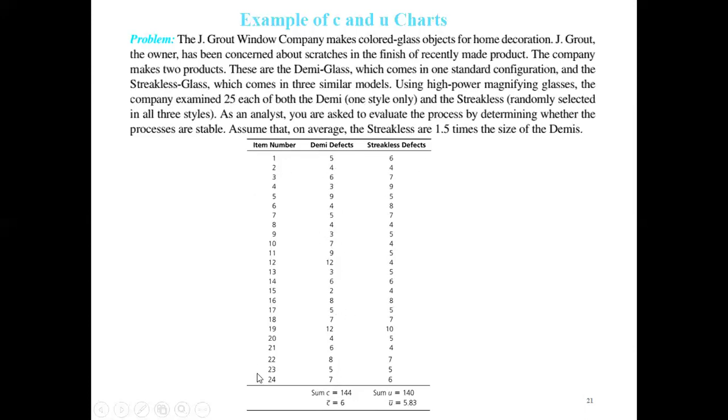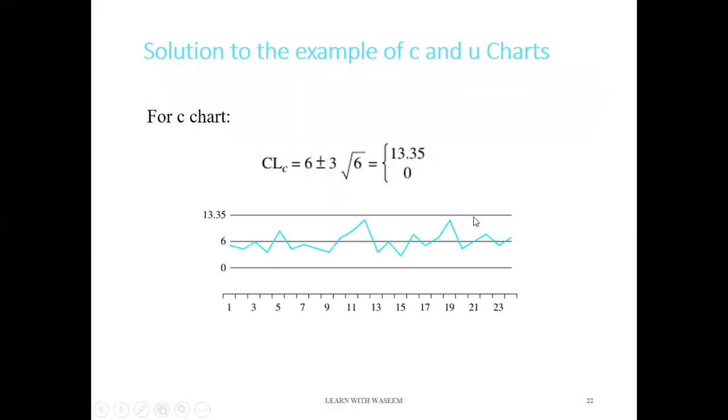For streakless defects you add all these values and divide by 24, so that would be the U bar, which is 5.83, and its sum would be equal to 140.